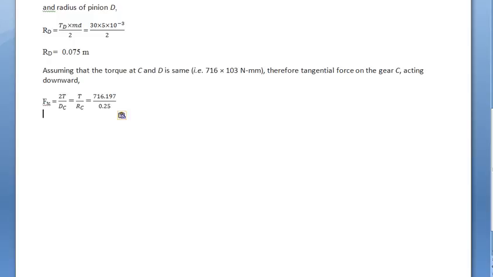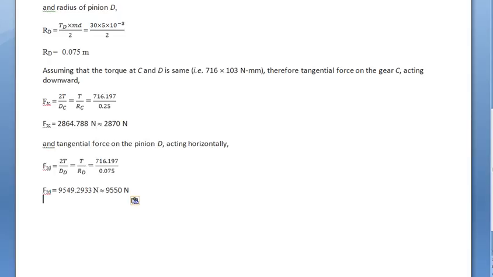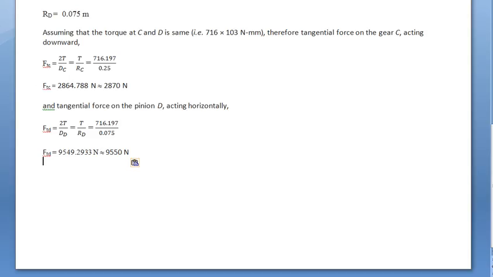Now assuming that the torque at C and D is the same, the tangential force on the gear C acting downward, FTC, equals twice T upon diameter of the gear, which equals 2864.788 Newton.